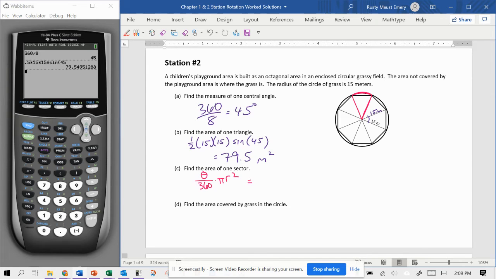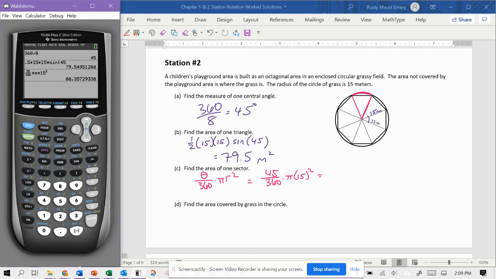So in this case, we know it's 45 over 360 times pi, my radius is 15 squared. So 45 over 360 times pi times 15 squared is going to be the area of one sector.